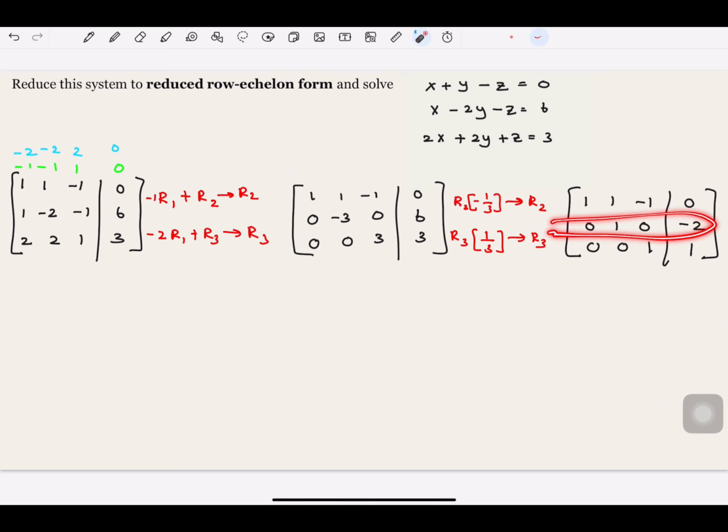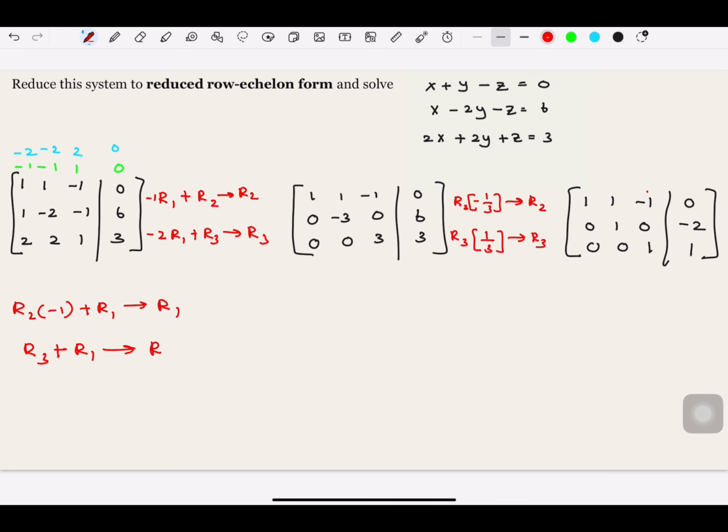So you multiply R2 by -1 and add it to R1, and R1 will be replaced. And to get rid of this -1, I'm going to add R3 directly into R1, and R1 will be replaced. So two operations. Let's start with the first operation. This is going to be the second operation.